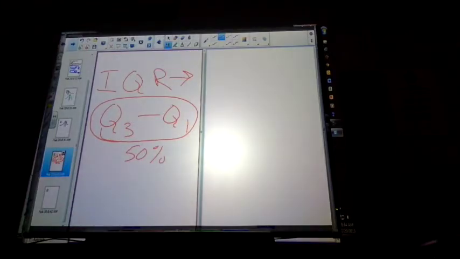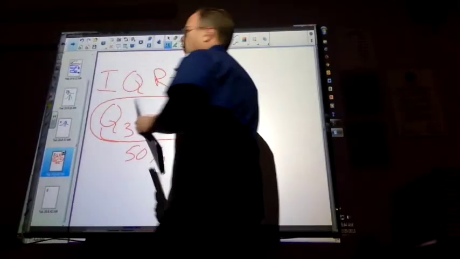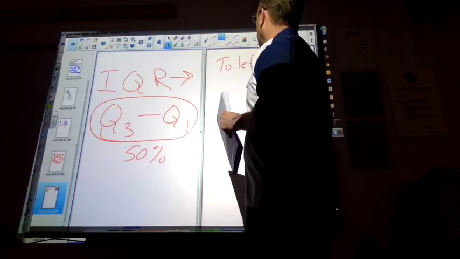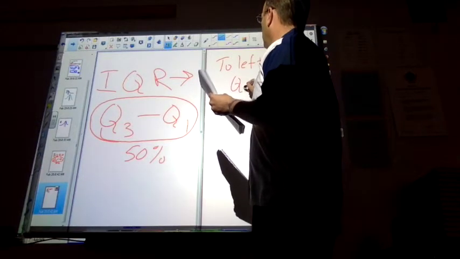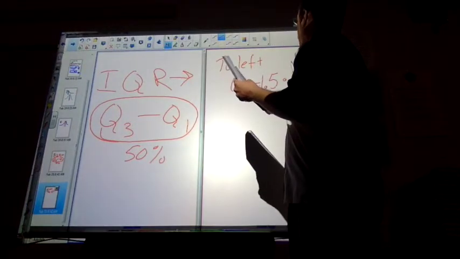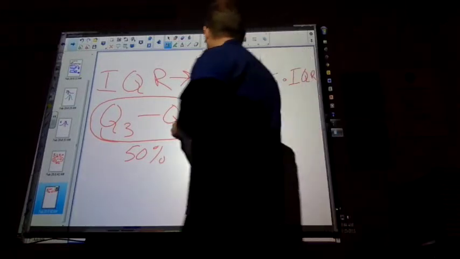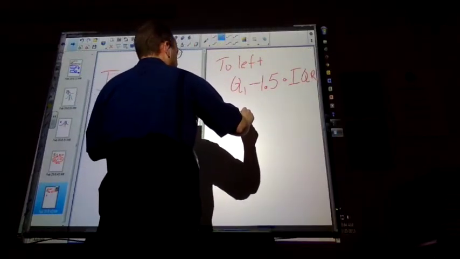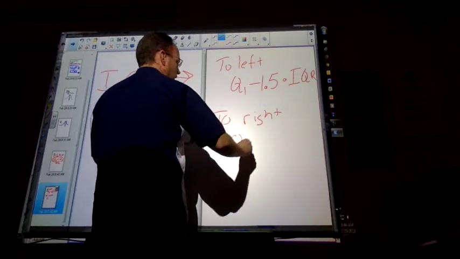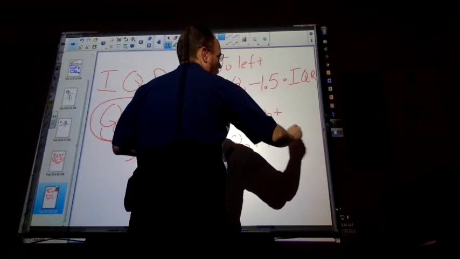All right, so sometimes you might have an outlier. So if you want to know if you have an outlier to the left, it's going to be Q1 minus 1.5 times the IQR. And then if you go to the right, it's going to be Q3 plus 1.5 times the IQR.